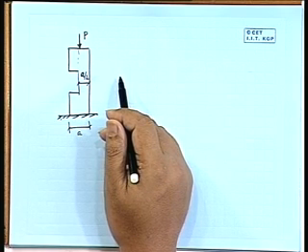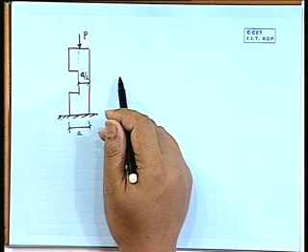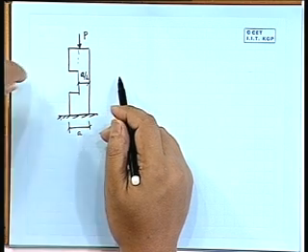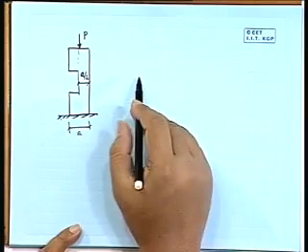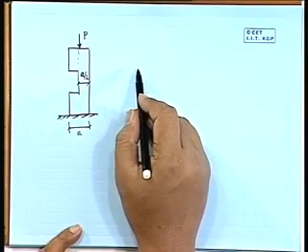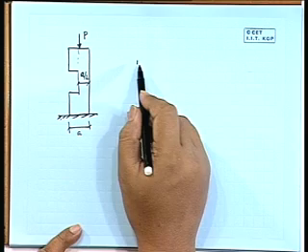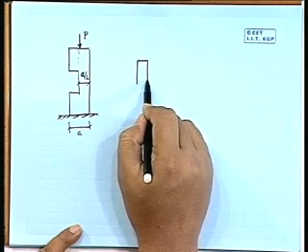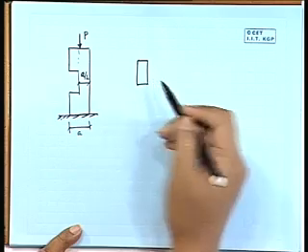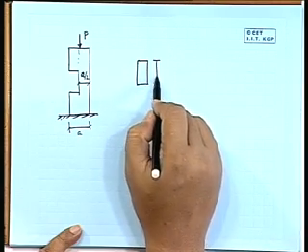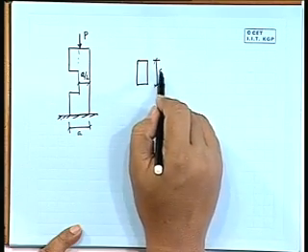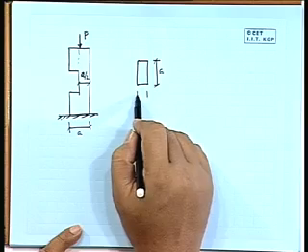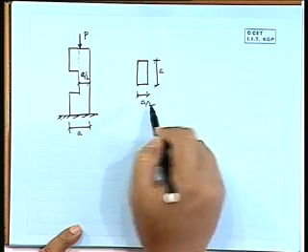Now, if we are interested in finding out the stress, what will be the stress? If we cut that section, it will look something like this. This is your A and this part will be A by 2.